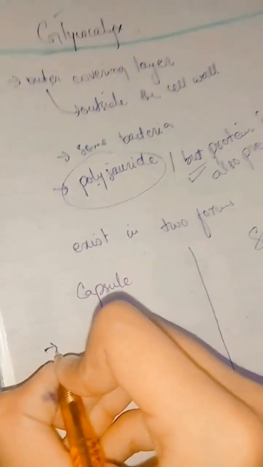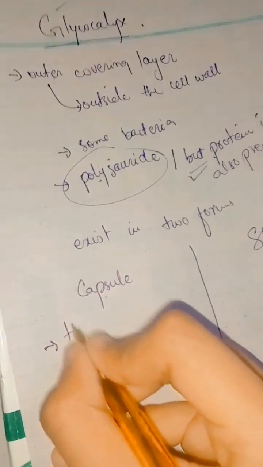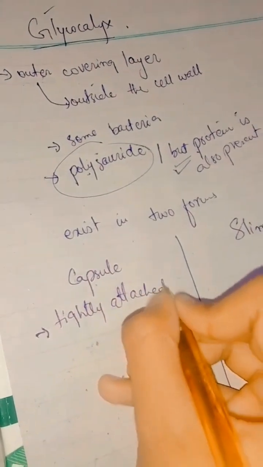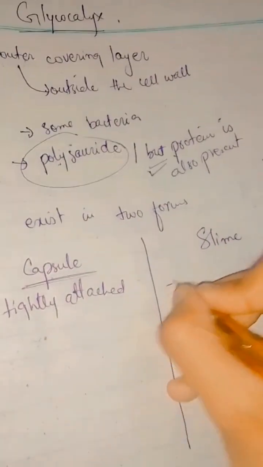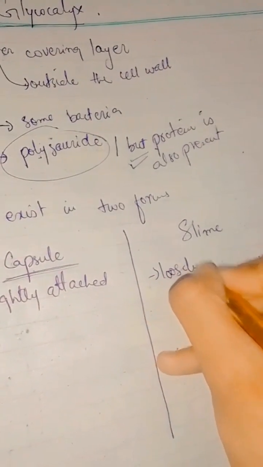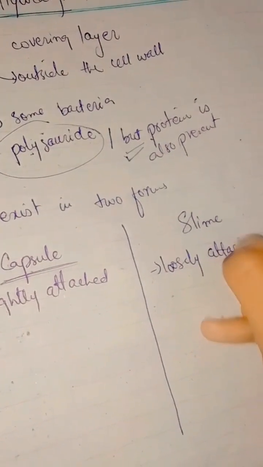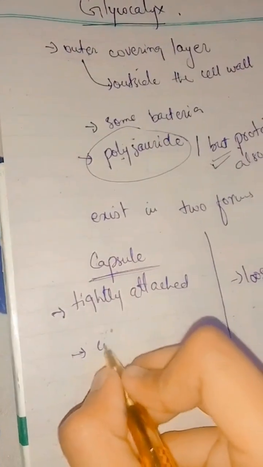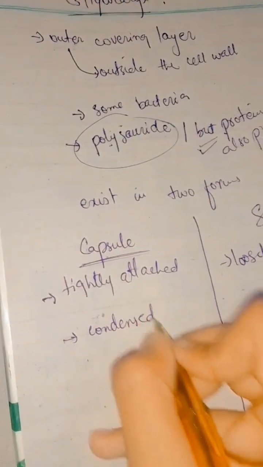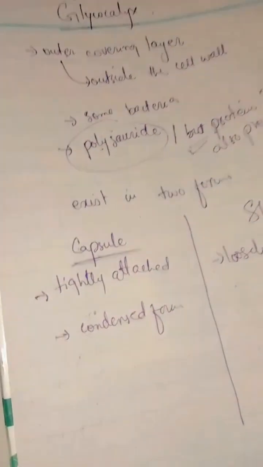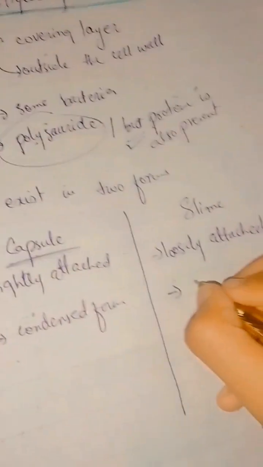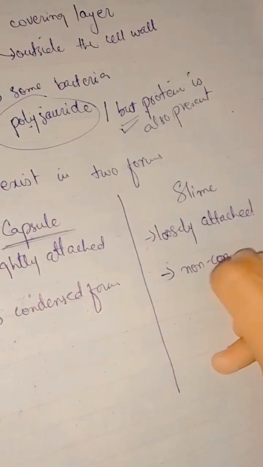First is capsule, that are tightly attached with the cell wall, but slime is loosely attached with the cell wall, like they are having a gap between them. They are present in the condensed form. Condensed form means tightly linked with the cell wall, but the opposite of this is a non-condensed form.